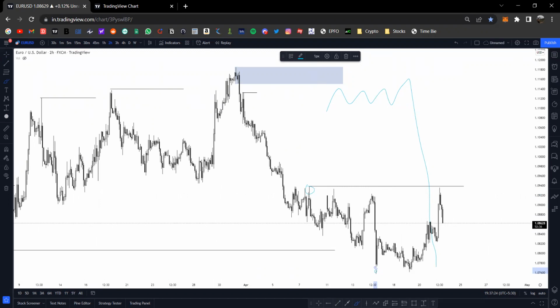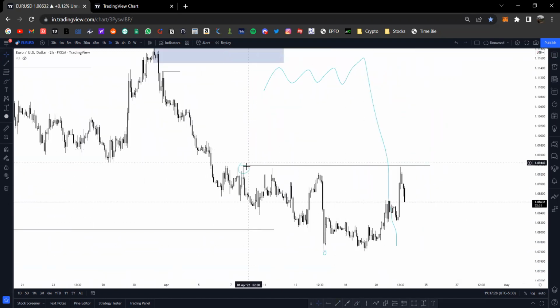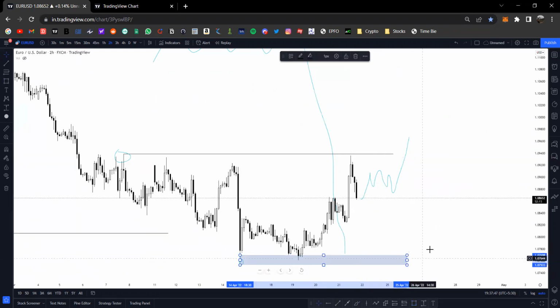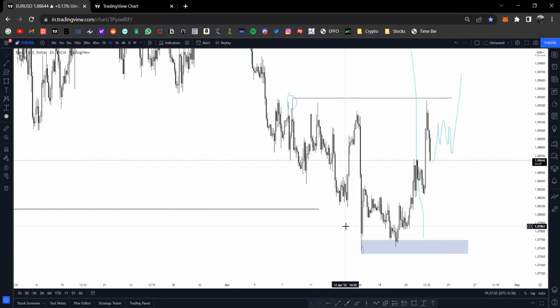So what I will wait for here is, if price takes out this high, and for instance price has taken out this high as well, I will wait for the last point of interest which has some sort of imbalance around that candle.